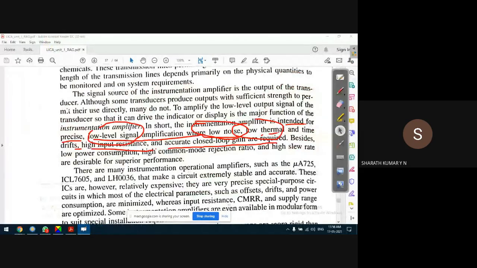So that's the meaning of low noise, low thermal and time drifts, and high input resistance. Accurate closed loop gain can be achieved using an instrumentation amplifier.